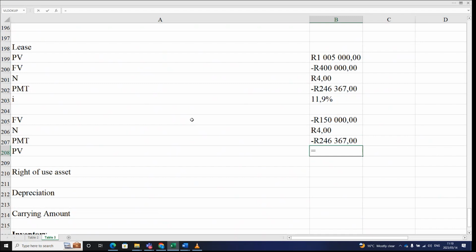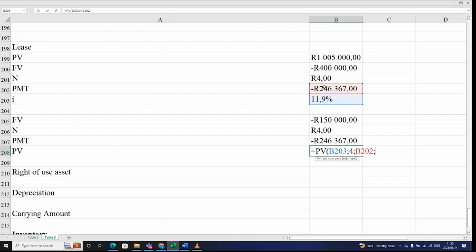Then we work out the present value. Okay, which will be formula PV. Okay, rate is that percent over there, the implicit rate that we worked out. Then the period of the lease. Okay, then the payment.